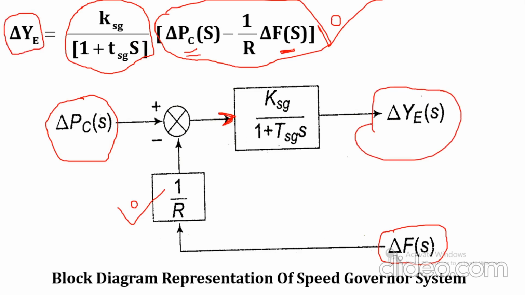This is the basic block diagram representation for the speed governing mechanism or speed governor system.